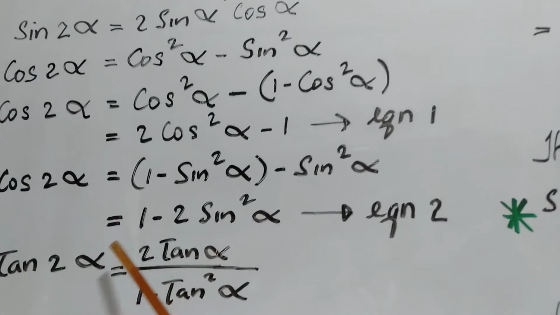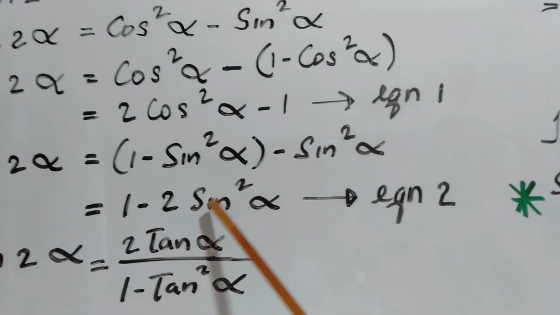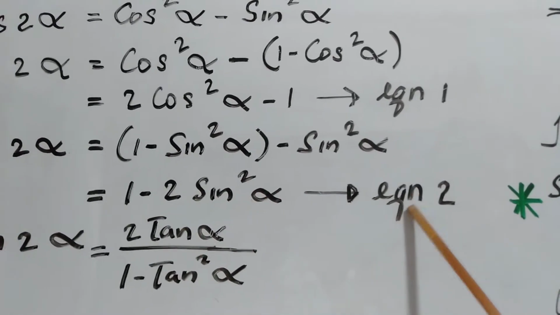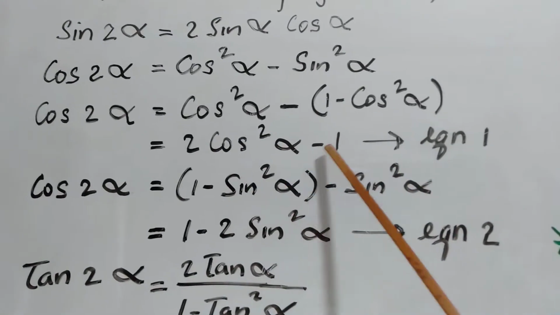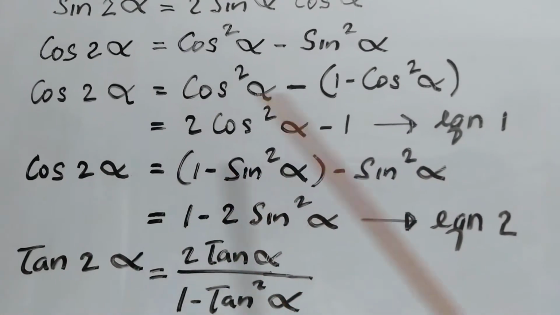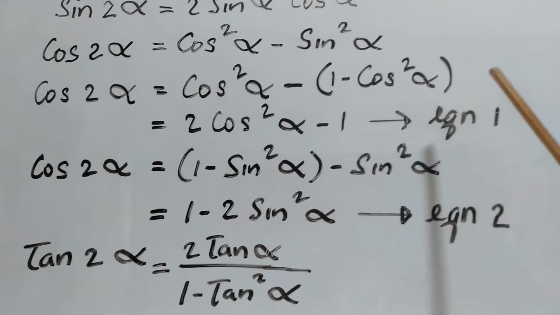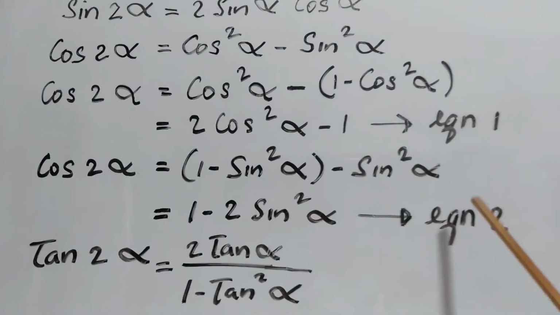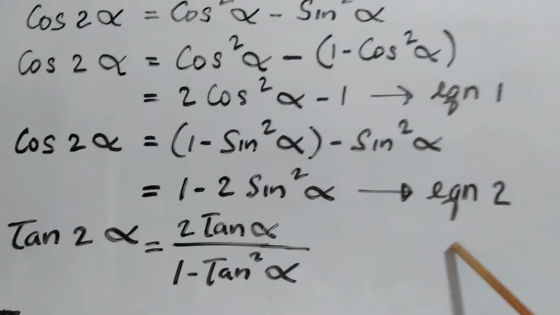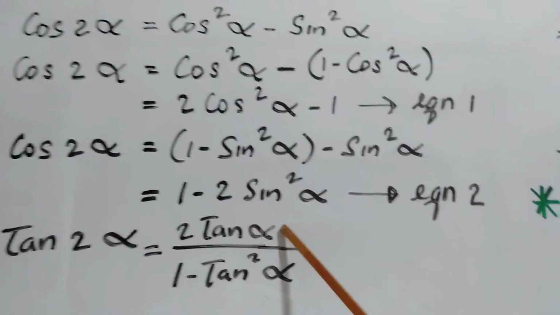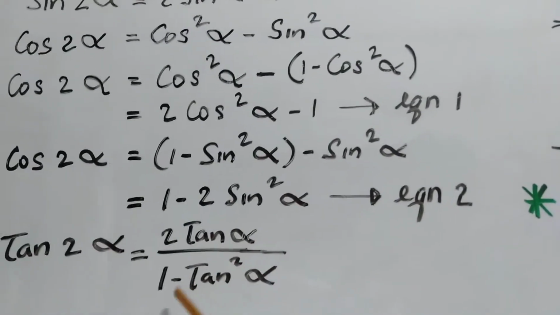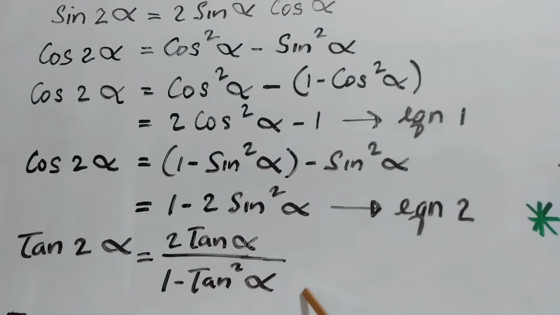So this 1 minus 2 sine squared alpha, we call equation 2. So we now have two identities or formulas for cosine 2 alpha, equation 1 and equation 2. Tangent 2 alpha is equal to 2 tangent alpha over 1 minus tangent squared alpha.